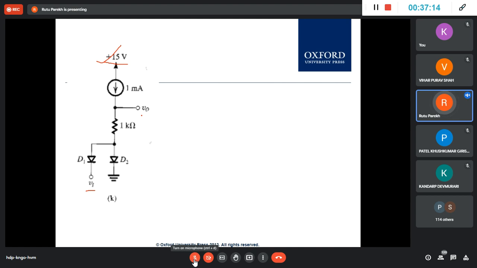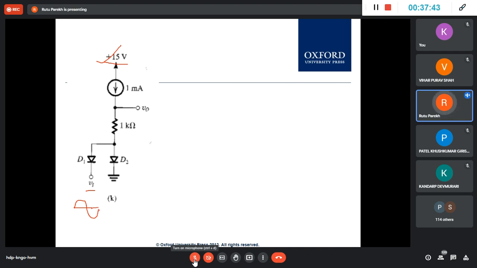So here what we have to find is V0. Now you may be confused: there is a voltage and there is a current, so what will you do? The voltage is also given and the current source is also given. And here VF, so you will start first with the positive half and then you will go for the negative half, as we have been doing, right?